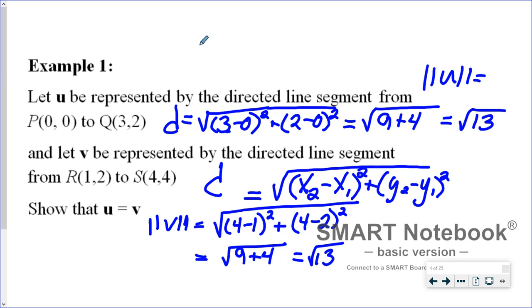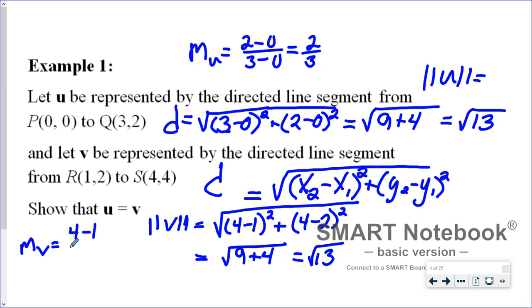So up here, the slope of vector u is going to be y2 minus y1 over x2 minus x1, and that is going to be 2/3. And then we can also find the slope of vector v, and that's going to be y2 minus y1 over x2 minus x1. I'm sorry, there should be a 2 here.